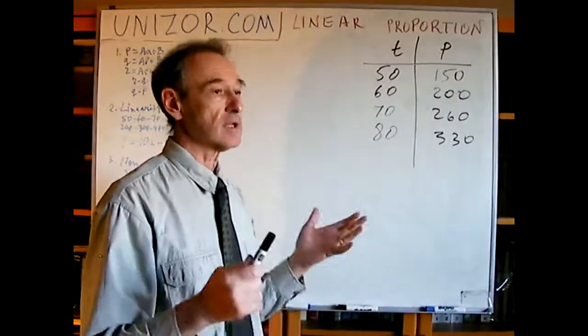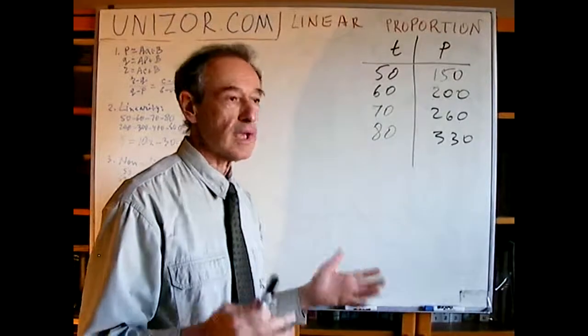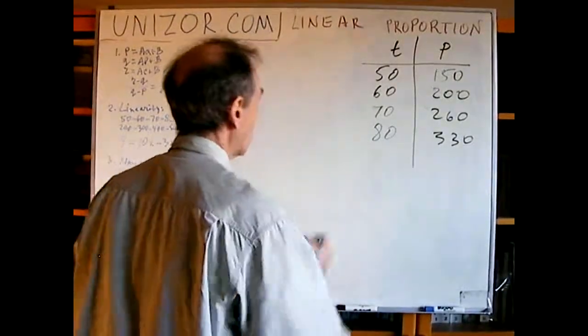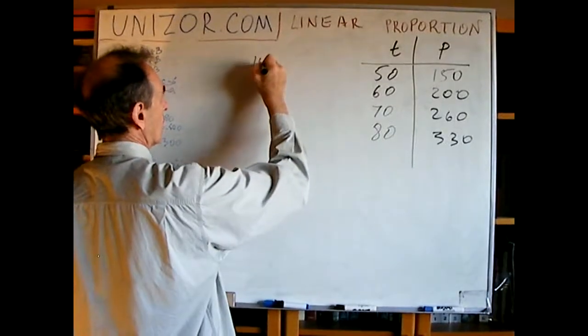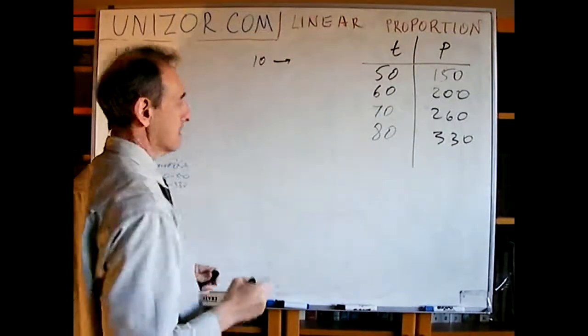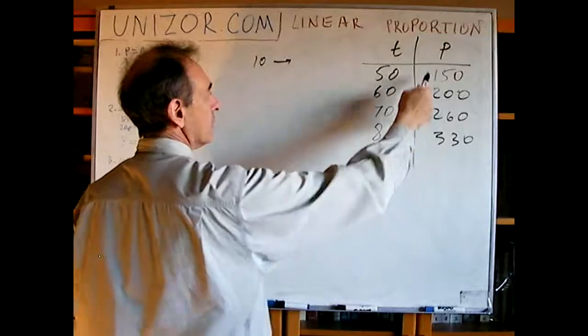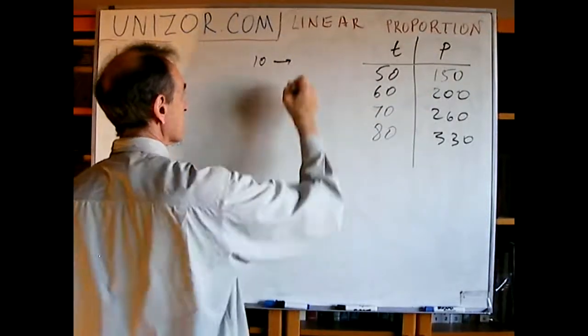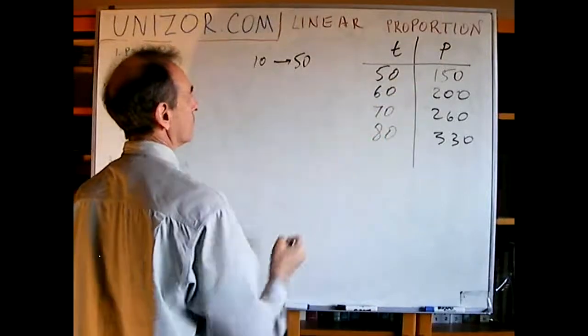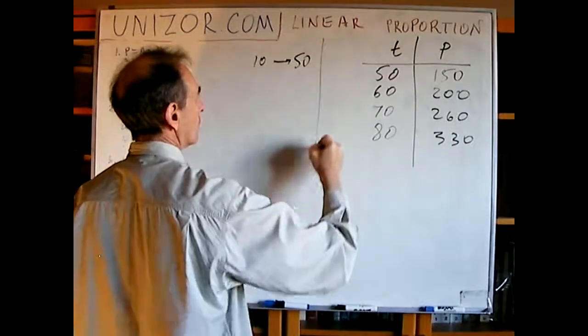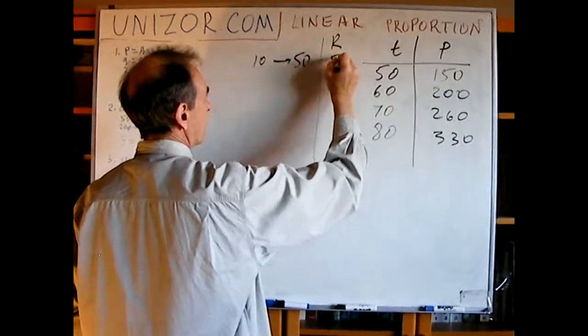Now, let's check exactly the same thing. Do we have a proportionality or not? Now, 60 minus 50 is 10. That's the change of the argument. Now, the change of this is 50, from 150 to 200. So the ratio is 5.